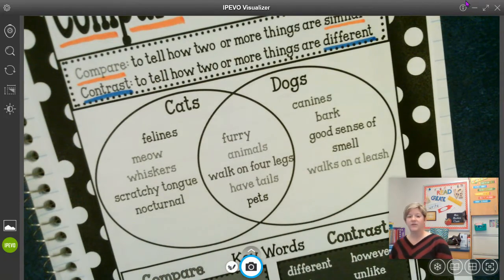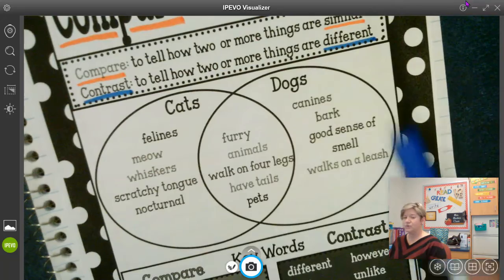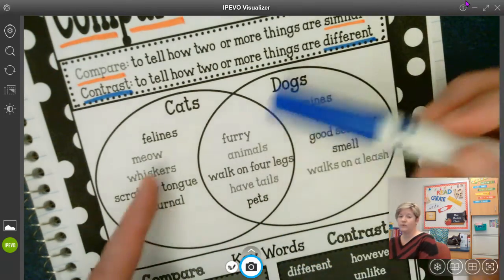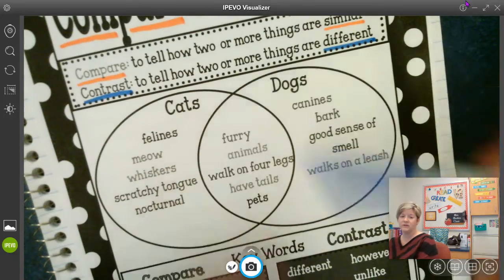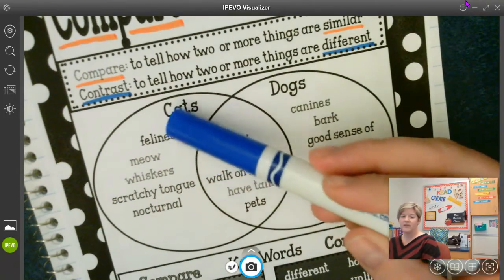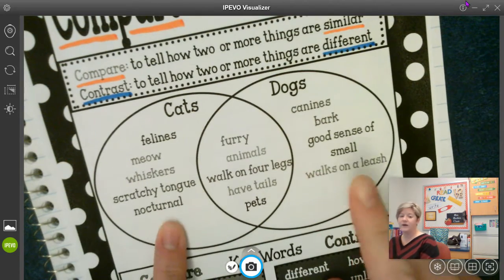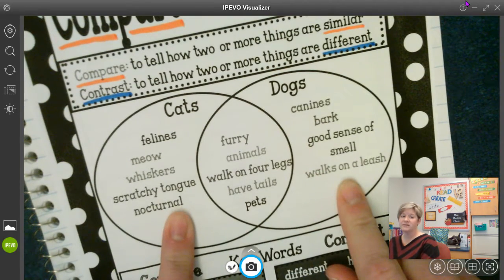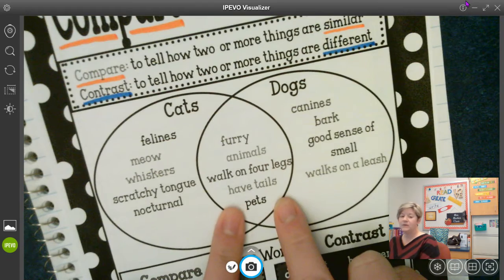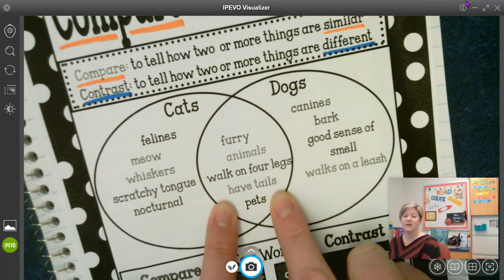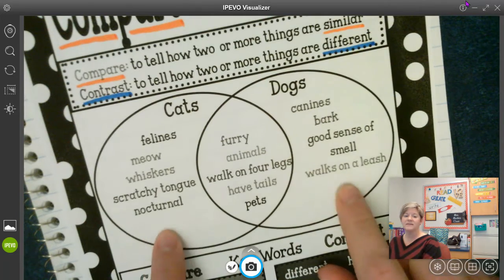So when a Venn diagram is set up, you have these two circles, and then parts of this circle kind of overlap or go into each other. Okay. So on the individual sides where they don't overlap, you can see how the two things are different. But then in the middle, you can see how they're the same. So the middle is where you're comparing, and then the outsides is where you're contrasting.